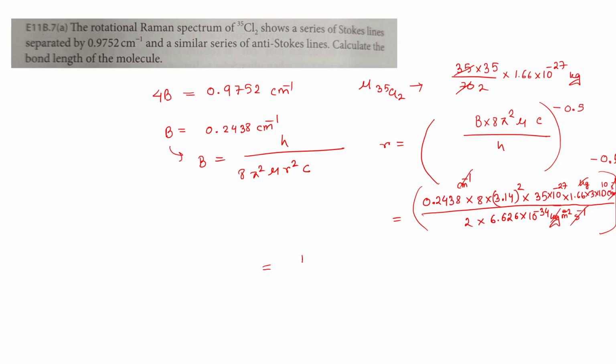I am getting a value of r at 1.988, there are some more decimal points, times 10 to the power minus 10 meter, which is nothing but angstrom. Sorry, 1.988 angstrom, right? So you can calculate the bond length from here also.